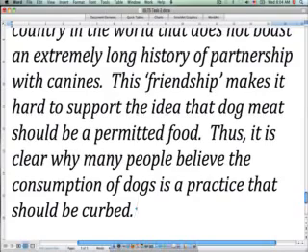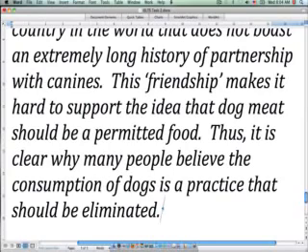Now, curbed means lessened, but our essay question told us the idea was that it is banned, not just lessened. So I'm going to change curbed, we'll say eliminated. Eliminated, which means totally removed from practice.